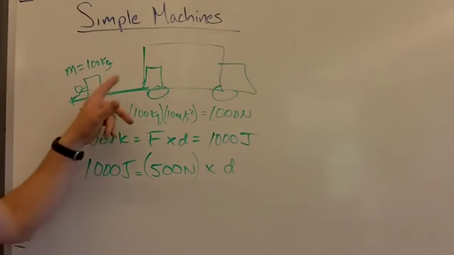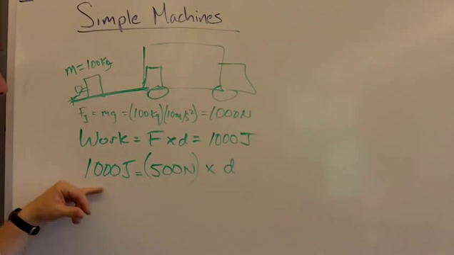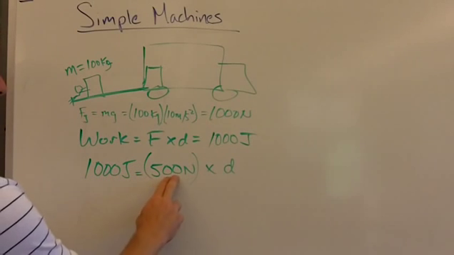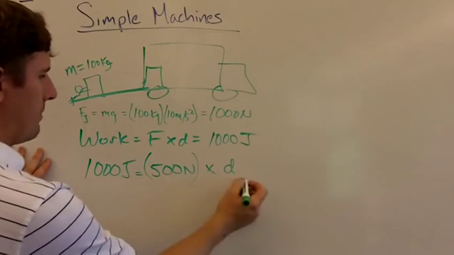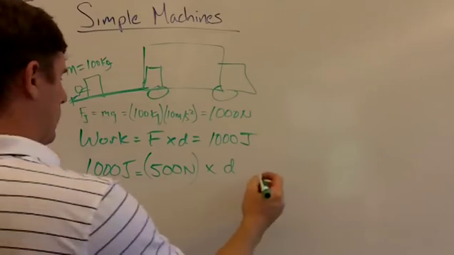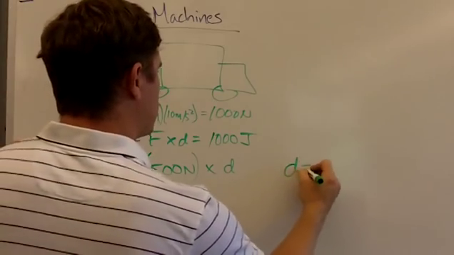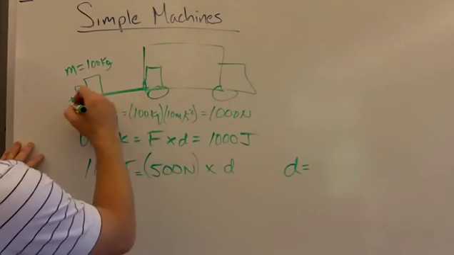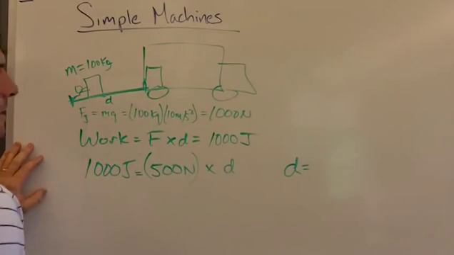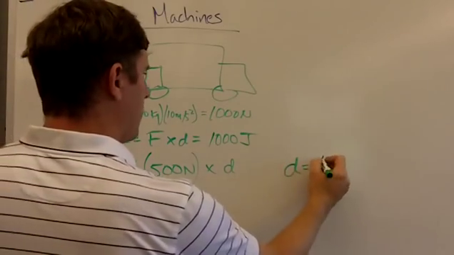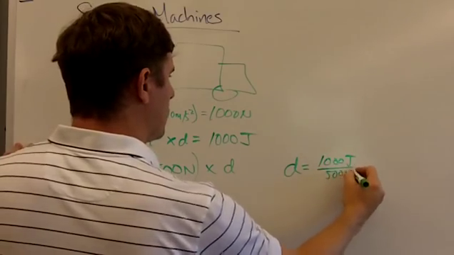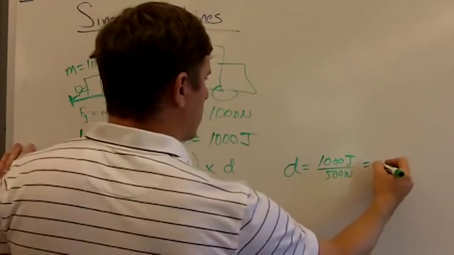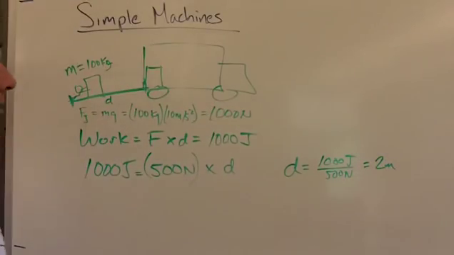So here we have an equation. You are able to supply 500 newtons of force, and 1,000 joules of work needs to be done. We divide both sides by 500, and the distance, meaning the length of this ramp, D, is going to be 1,000 joules divided by 500 newtons. That means it's going to be 2 meters long.